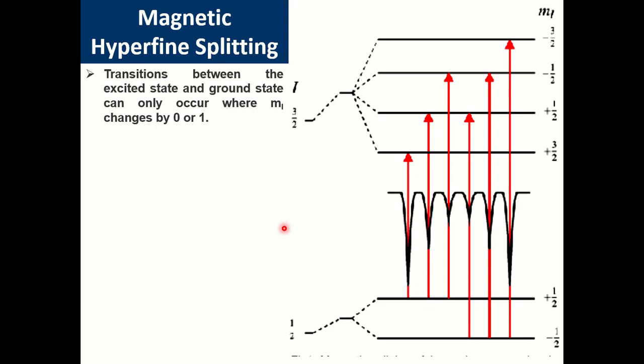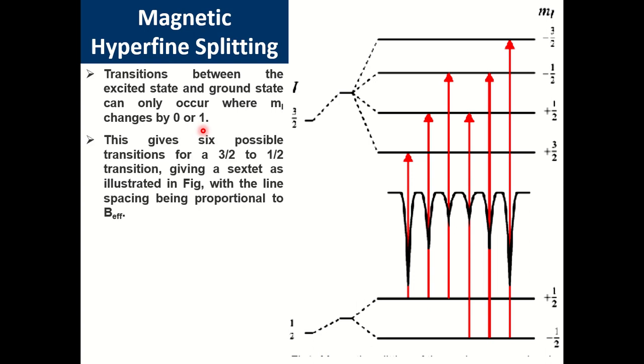This is the kind of splitting that we get due to the magnetic interactions, the magnetic interaction with the nucleus. Transition between the excited state and ground state can occur when mI changes by 0 or 1. This is the selection rule.